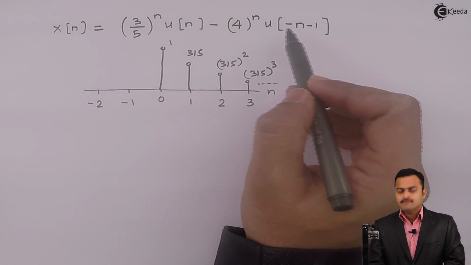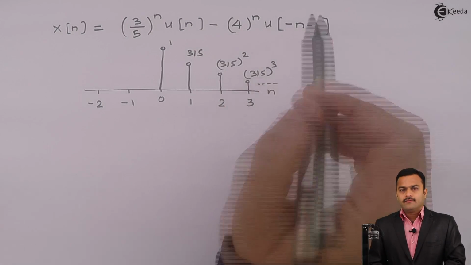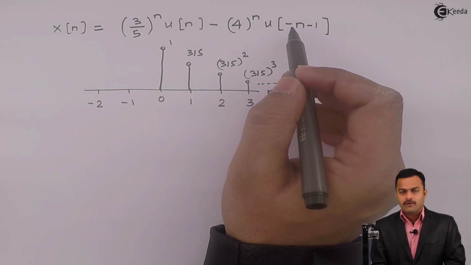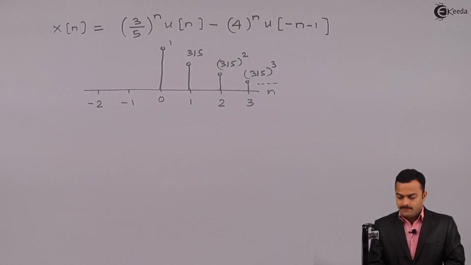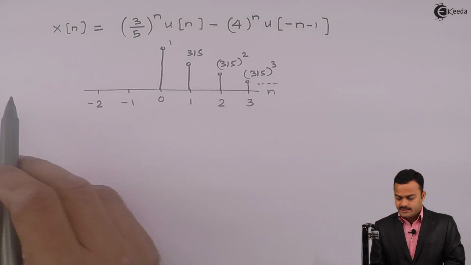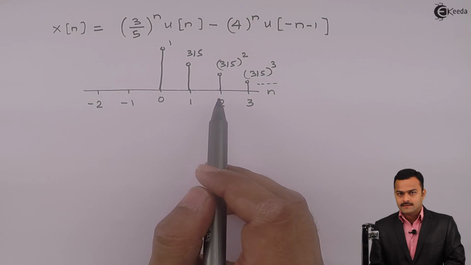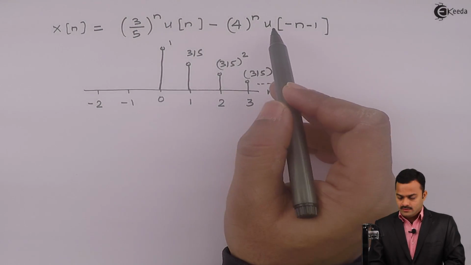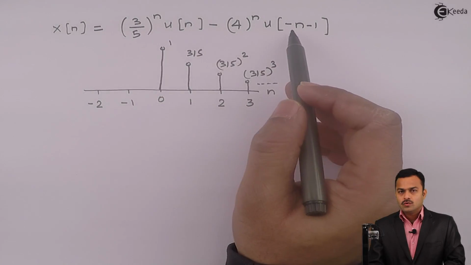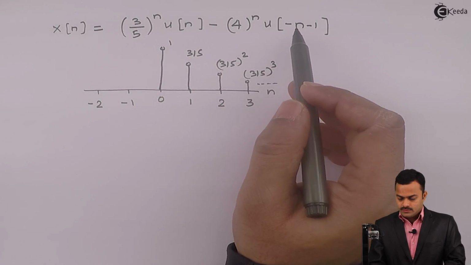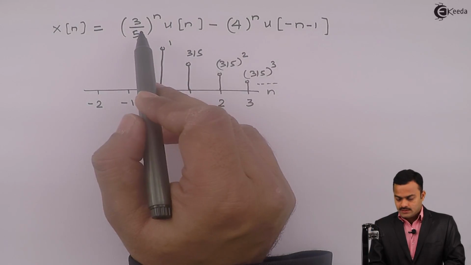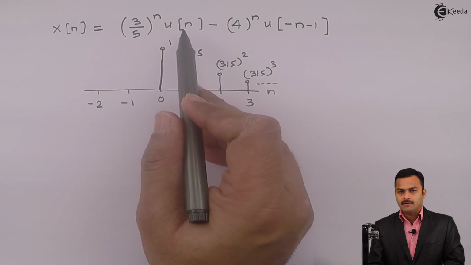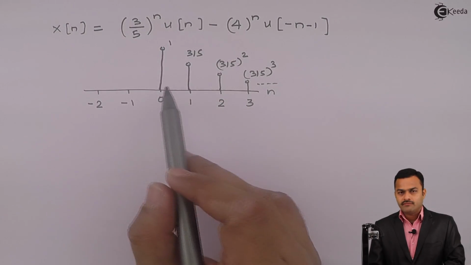Now the second term, minus 4 raised to n u of minus n minus 1. For this I will have a signal only present for negative values of n, with limits from minus infinity to minus 1. Suppose I take n equal to minus 1. For the earlier term this does not exist, as we said u of n is available only from 0 to infinity.